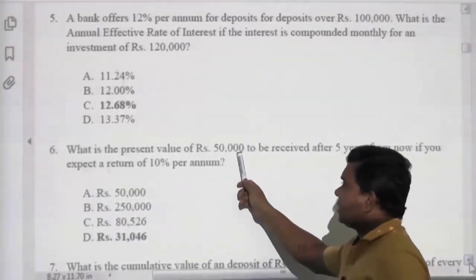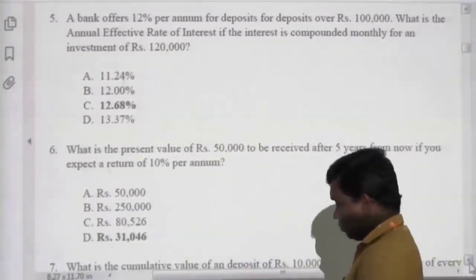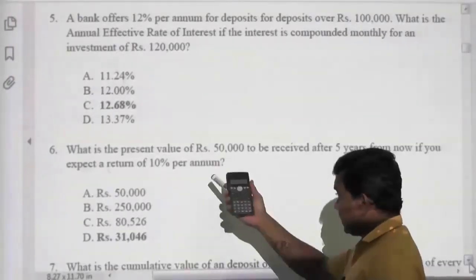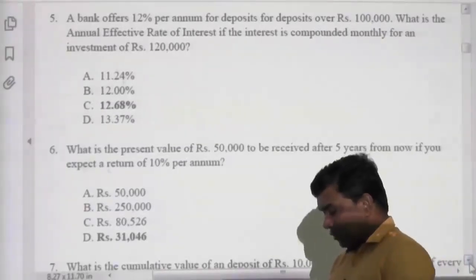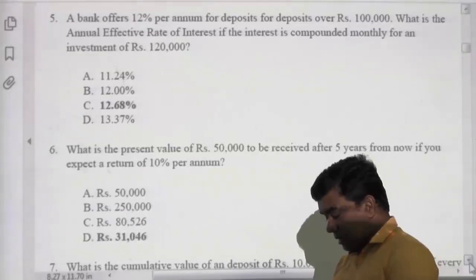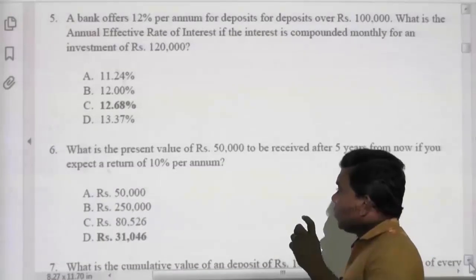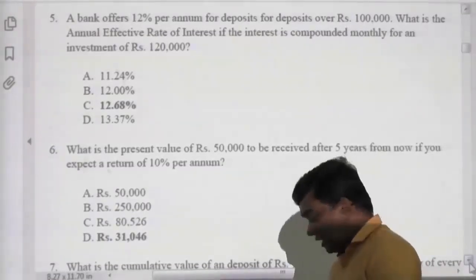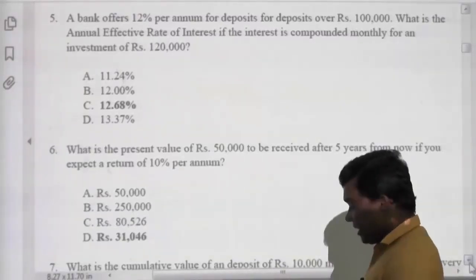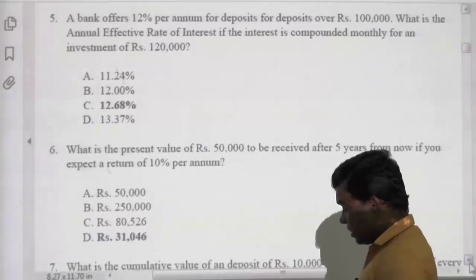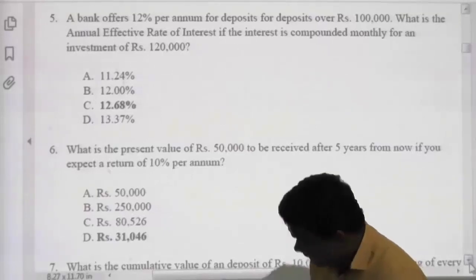Therefore, you need to discount this to have the present value. At 10% discount rate for 5 years, you know what you have to do. You need to take 10%, 5th year discounting factor, that is 1 divided by 1.1 power 5, because 5 years, 1 divided by 1.1 power 5, then you have the 10% discounting rate for 5 years, then multiplied by 50,000, you can have the present value as 31,046.